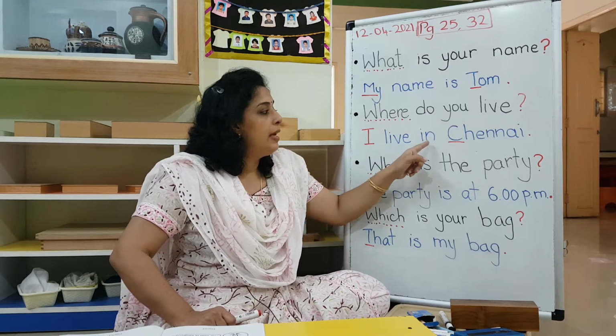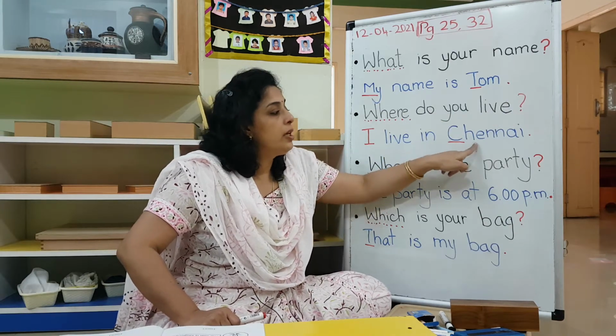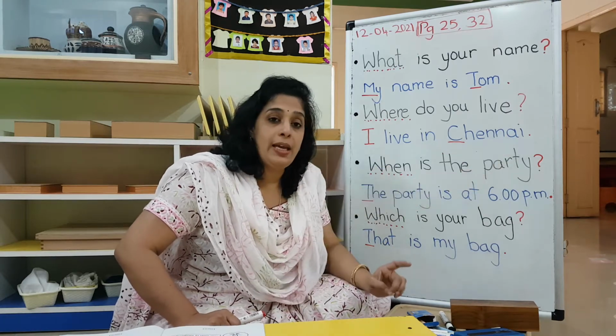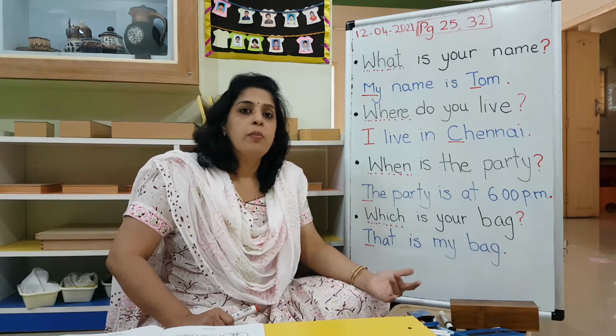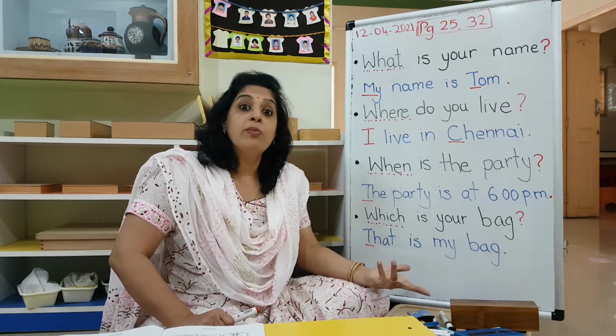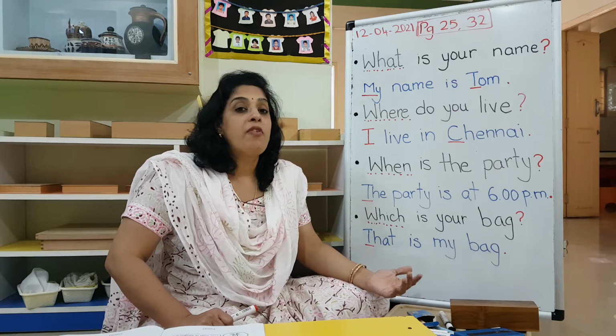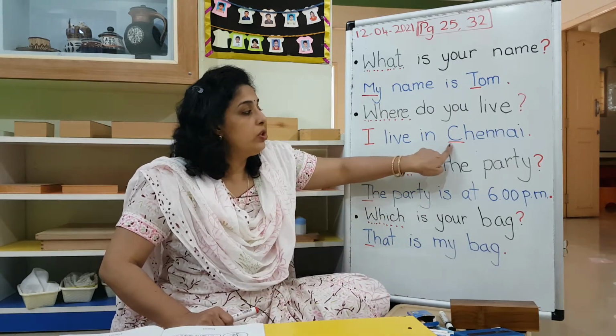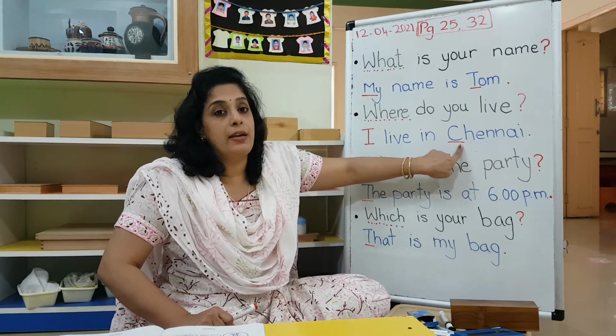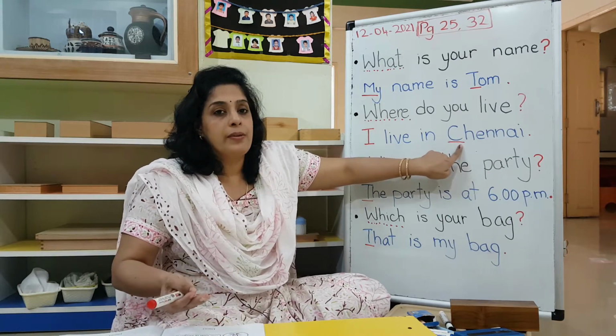I live in Chennai. Names of a place also will have to be a capital letter because it is a name. All names will be in capital letters, right? Name of a place or name of a person has to be in a capital letter. So C has to be a capital letter. Whichever place you are going to write, okay?